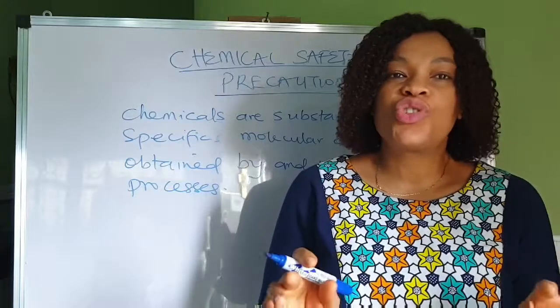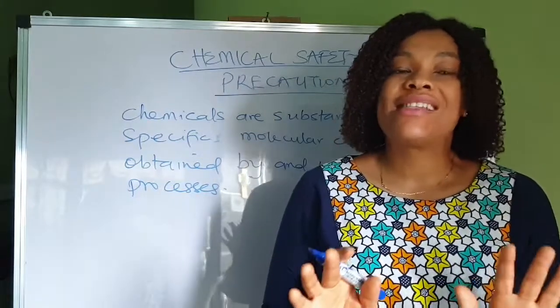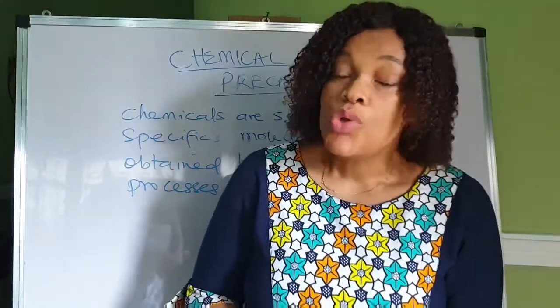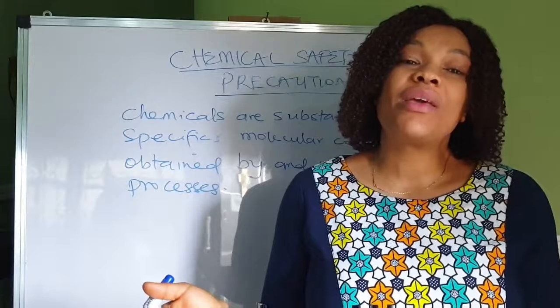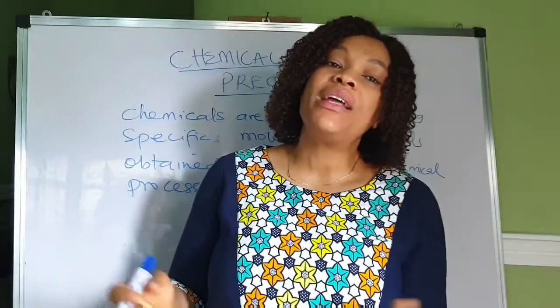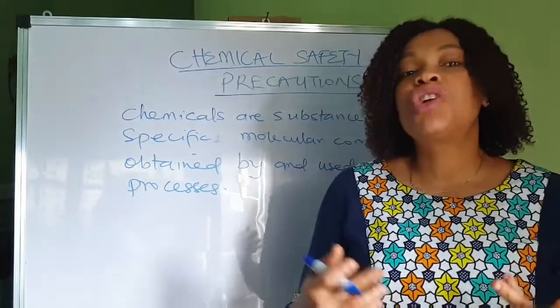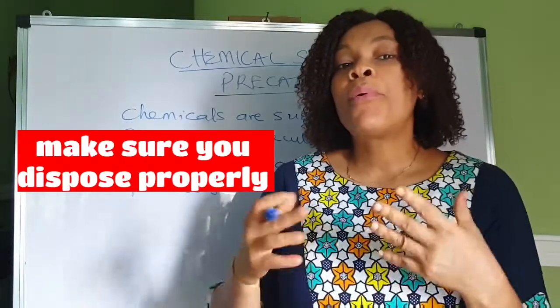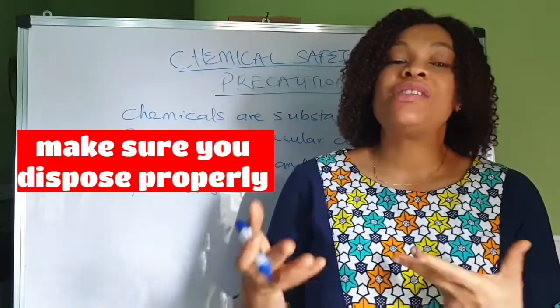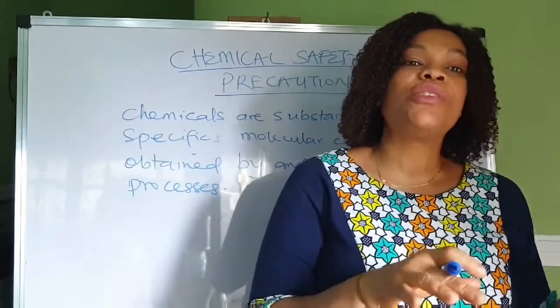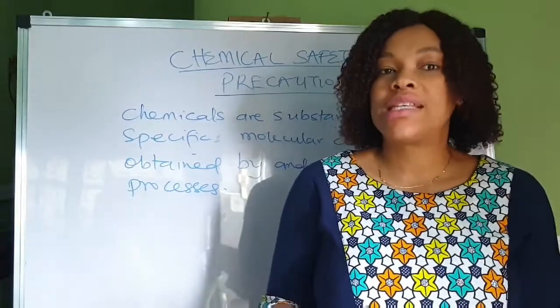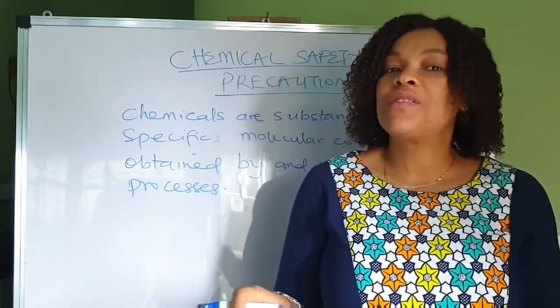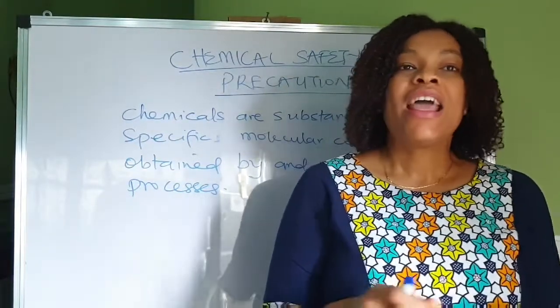Dispose of all used solutions in an approved manner as directed by the instructor. Most times when you produce these chemicals and you have finished your experiments, you have leftovers. Please make sure that you dispose of them, and not just dispose of them, but dispose of them properly. If it's liquid, you pour it into the sink and then rinse off with enough water, and keep the surfaces, like I said, dry.